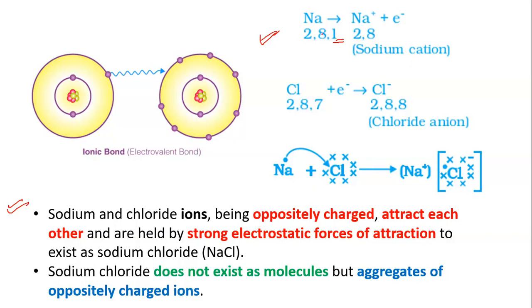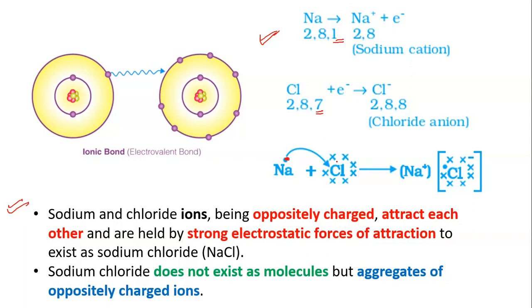So we have denoted sodium's electrons by a dot, and we have denoted the 7 valence electrons of chlorine by a cross, so that we can distinguish between electrons of sodium and chlorine, so that there's no confusion. Is it clear? So these crosses just indicate valence electrons which are participating in the formation of a chemical bond.